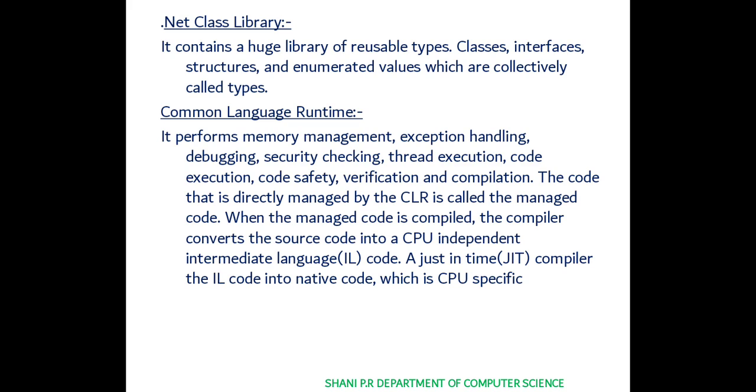Then the JIT, just in time compiler, converts the intermediate language code into native code, which can be understood by the CPU and is CPU specific. So that is about the CLR.